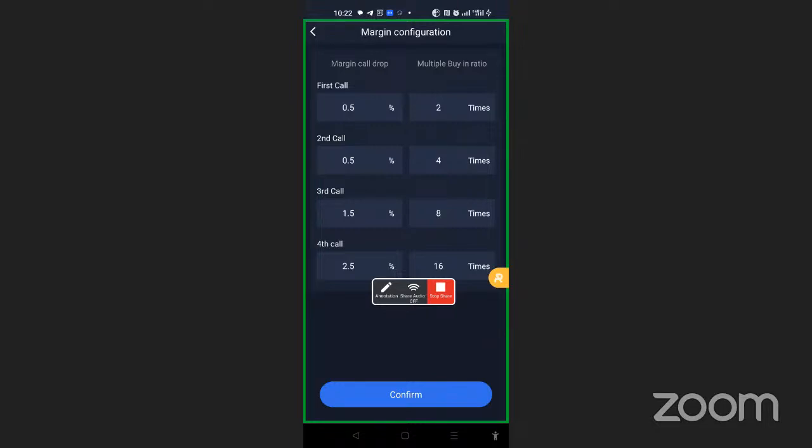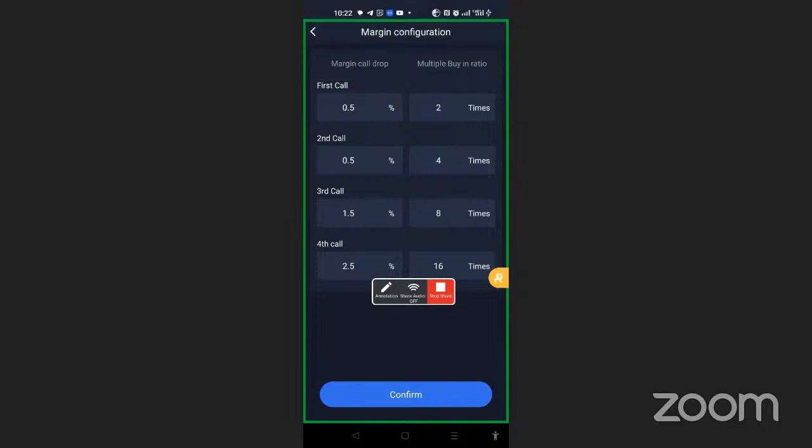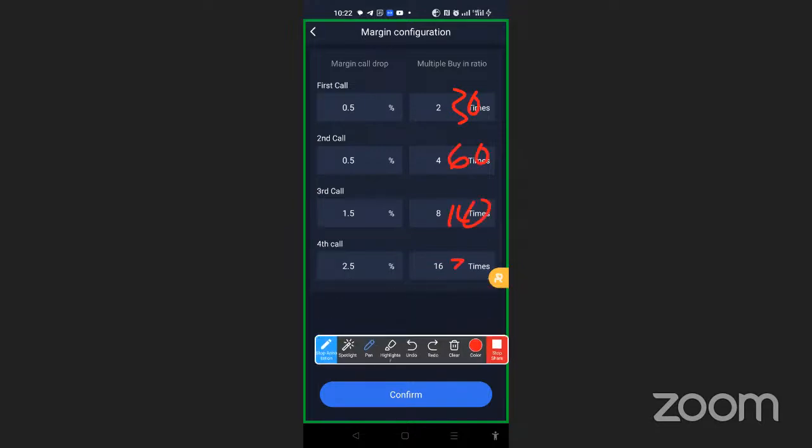It is going to multiply 15 by 2, so that is 30 USD. Yes, this will be 30. The next will be 60, this will be 120, this will be 240. So it should reflect the capital you have in the system.